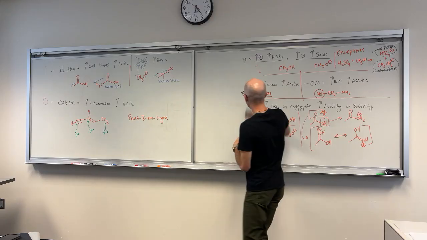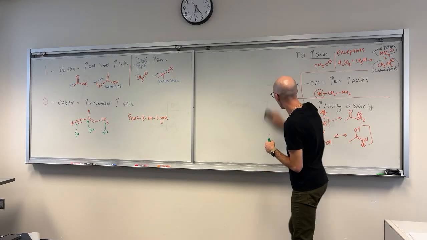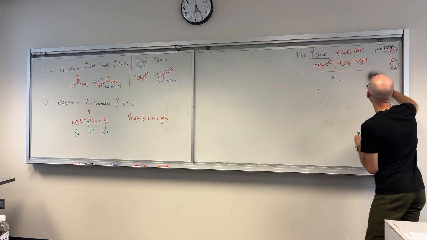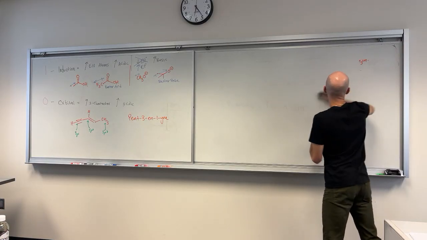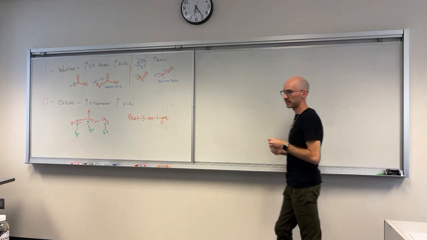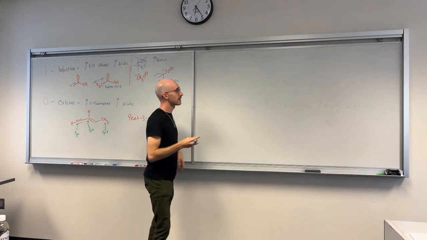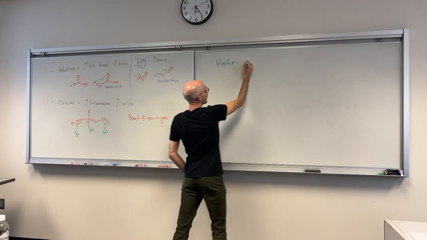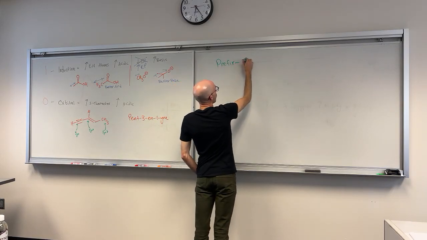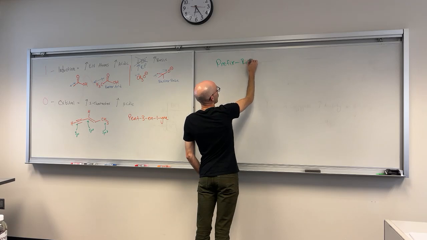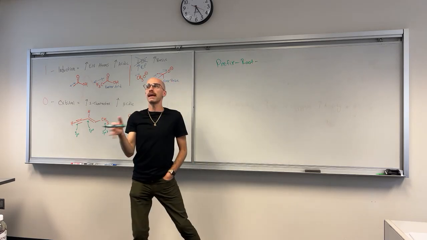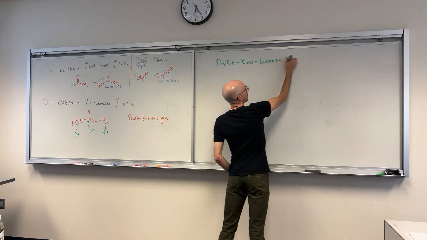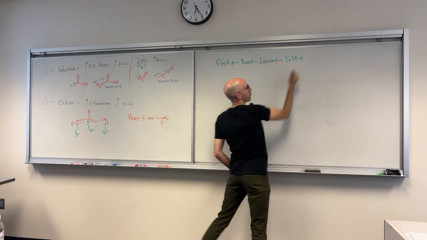I think that the nomenclature that you learned in OChem 1 is relatively simple, and the nomenclature that we're going to learn in OChem 2 is relatively more complex. Here's how I like to break down nomenclature. Most names have a prefix. They have a root. That root may or may not have a locant that describes where the suffix falls.